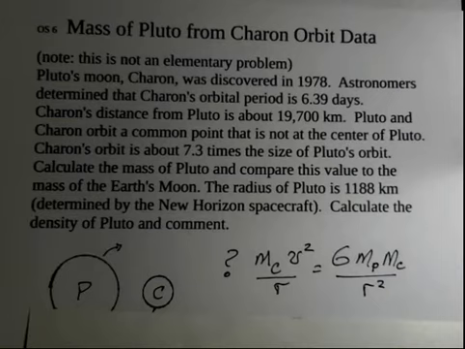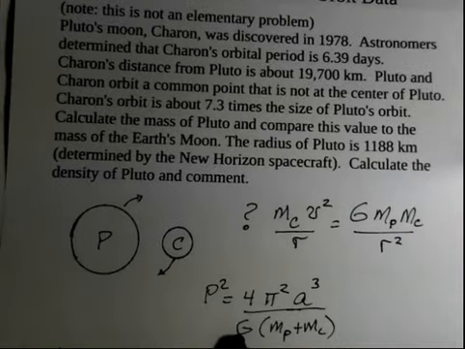Instead, we have to use the slightly revised version of Kepler's third law, that the period squared is equal to 4 pi squared a cubed divided by the universal constant of gravitation, G, and then I have to add the two masses together. There's a sum of masses in the denominator here.